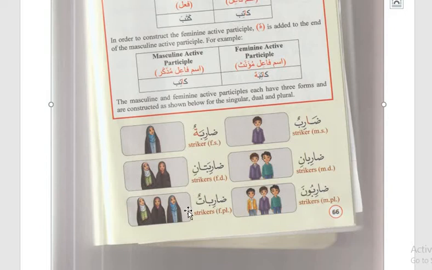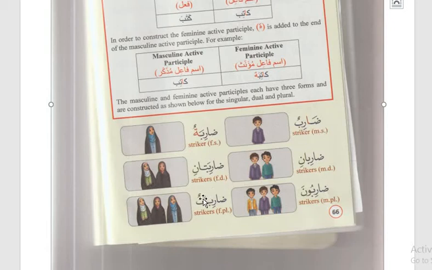And the last one is when the strikers are feminine plural. This is also the sign I need you to learn. When there is alif and ta, that means it's feminine plural. ضاربات. So let's explain the word here. So till the ba, you can see ضارب till the ba is the same as here, single masculine.